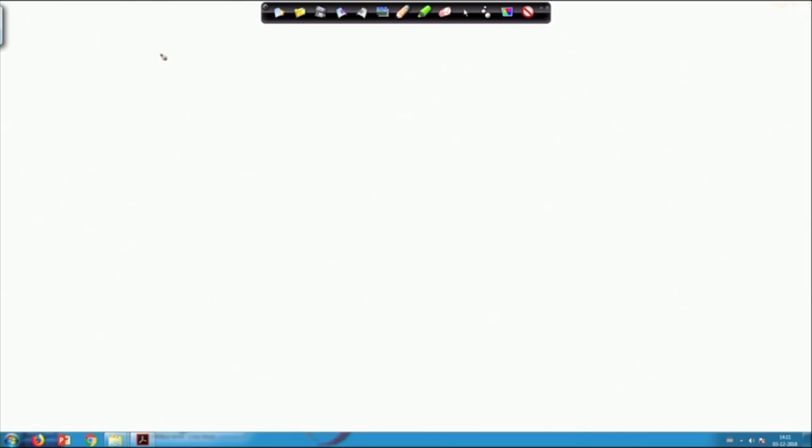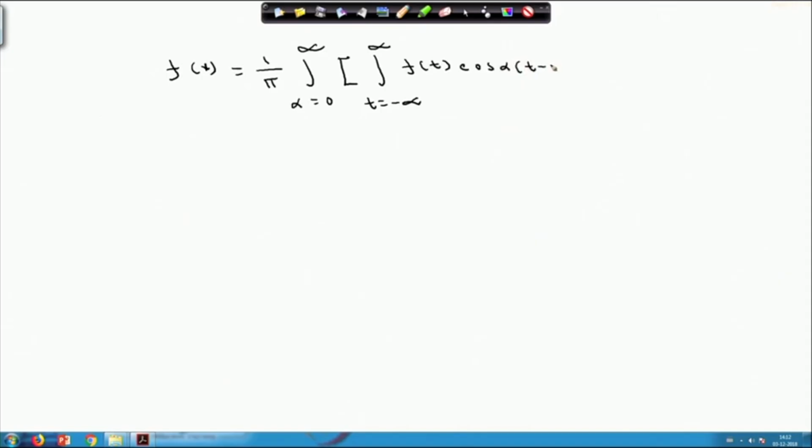Please note, by the Fourier integral formula, if you recall, we can write f(x) equals 1 by pi, integral over alpha from 0 to infinity, integral over t from minus infinity to infinity of f(t) cos of alpha into (t minus x) dt d alpha.